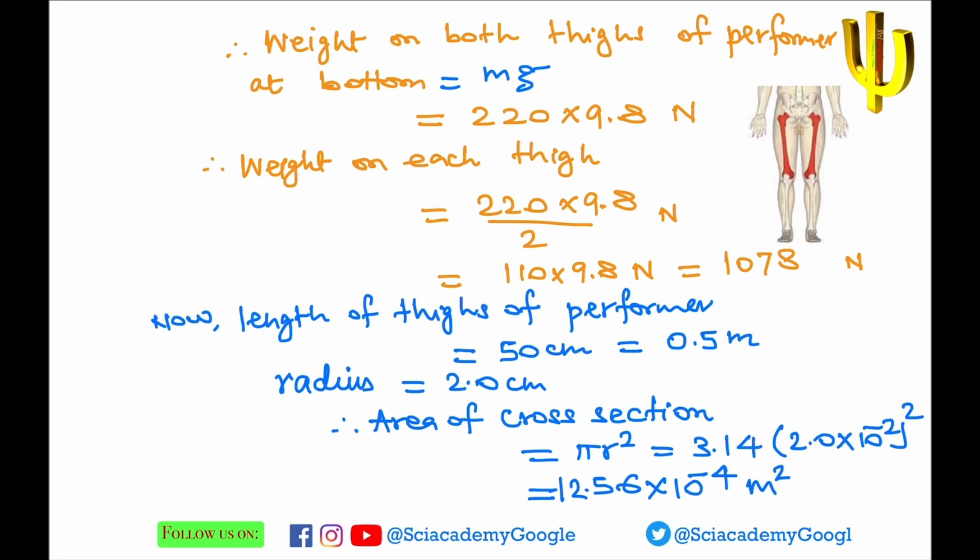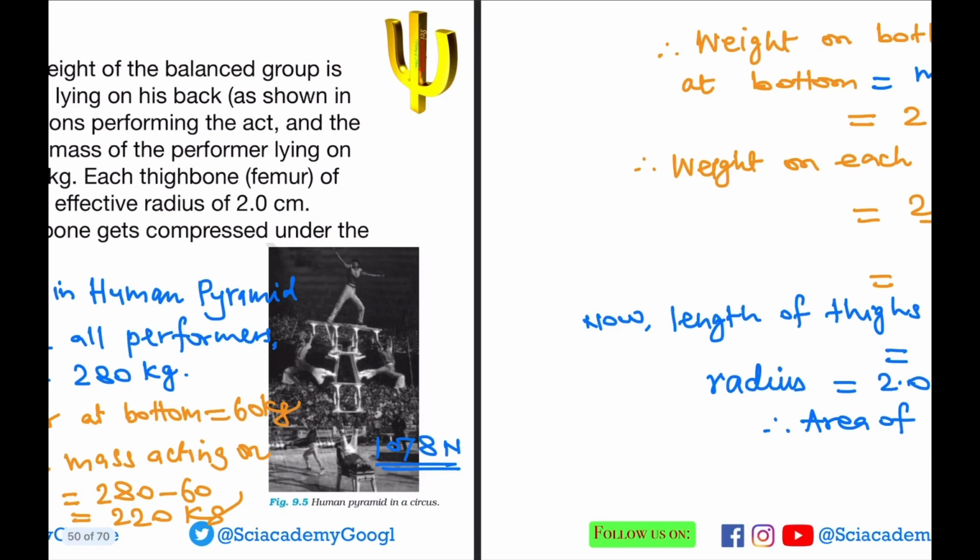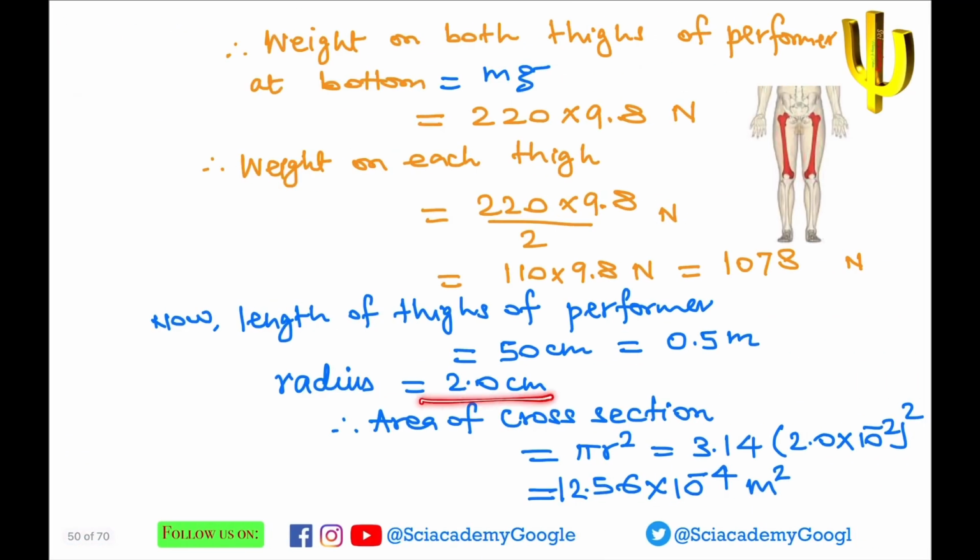Now, the length of the thighs of the performer is given, that is equal to 50 centimeter. So 50 centimeter each thigh, that is equal to 0.5 meter. The radius of the thigh bone of the performer is also given, that is 2 centimeter.